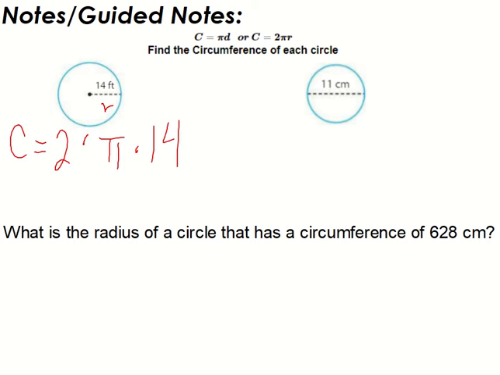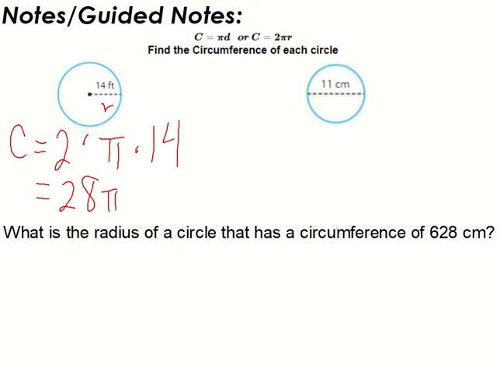The nice thing is that in the order of operations they're both multiplication, so I can multiply in any order I want due to the commutative property. I'm just going to do 2 times 14 in my head, and we're going to get 28 pi.